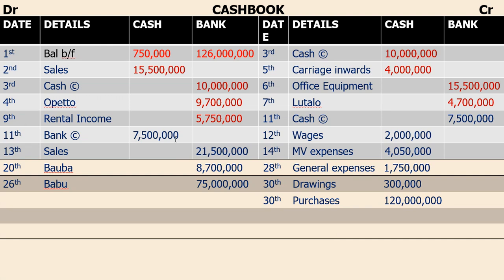The cash is debited, then the bank is credited by cash. The transaction is here. Good. Let us go back.